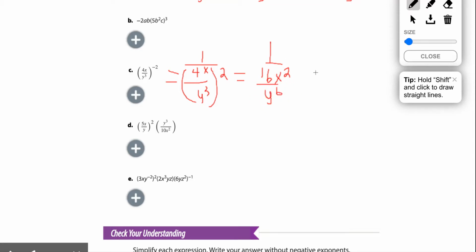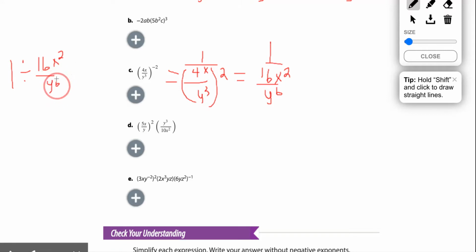Okay, now, right now, you have a double fraction. Nobody wants to deal with double fractions. And so there is a way to get rid of double fractions, which is using your division of fractions rule. That's 1 divided by 16x squared over y to the 6th.